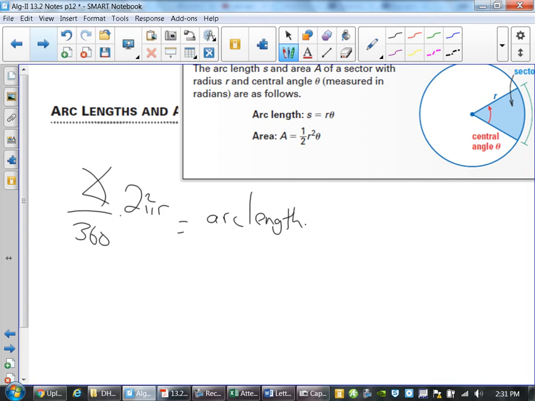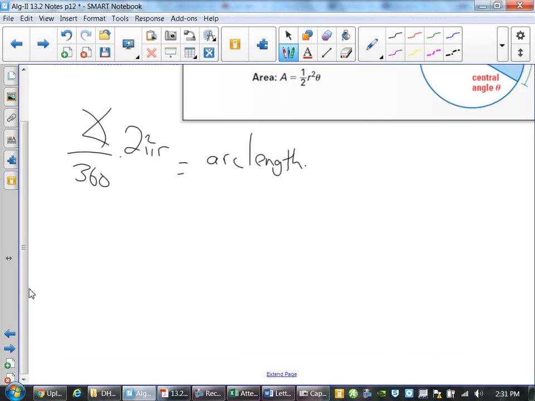What's 2 over 360? 1 over 180. So you get angle over 180 times pi times r. Wait a second. When you have angle over 180 times pi, what is that? Radian. So it's the radian value times r.